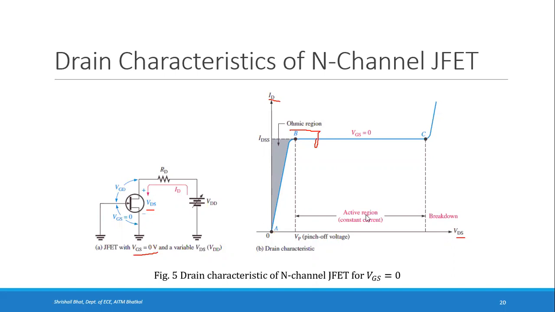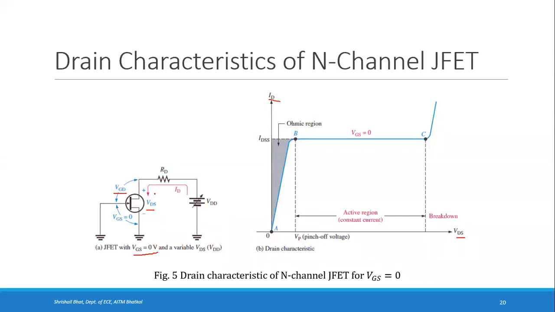Next, after the current reaches a certain value, a depletion region is developed because the gate to drain is reverse biased. As you increase this VDD, the reverse voltage across gate and drain will also increase.